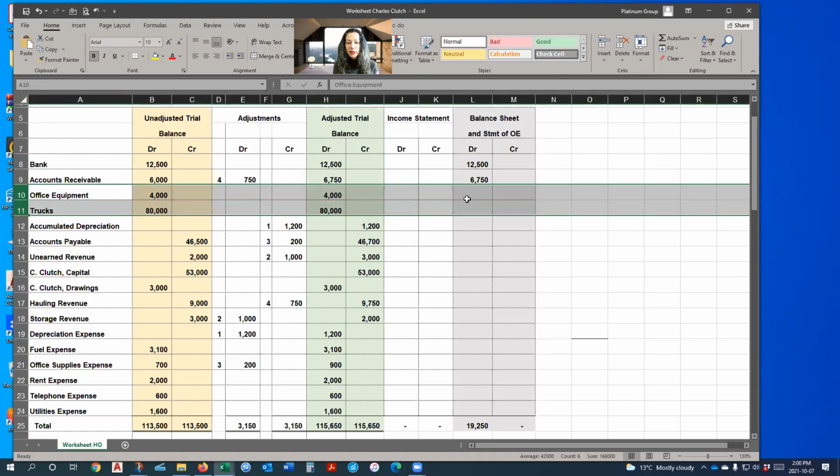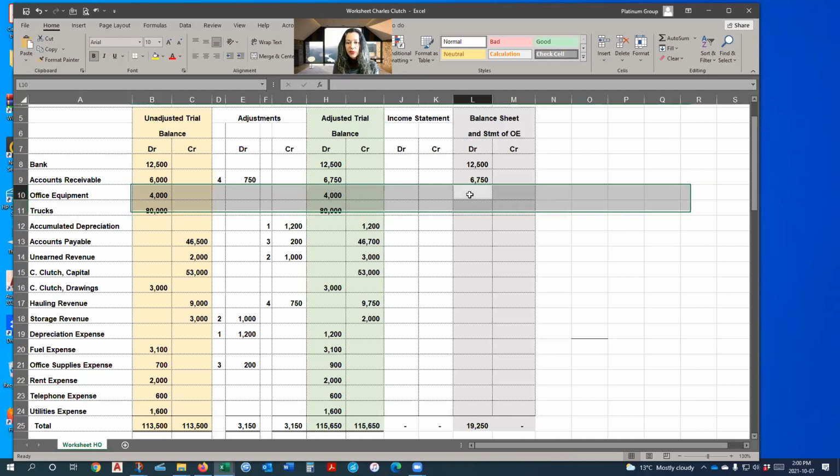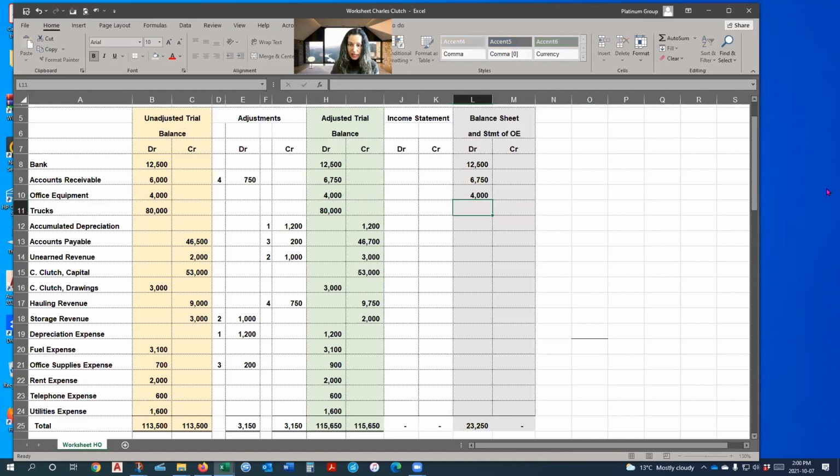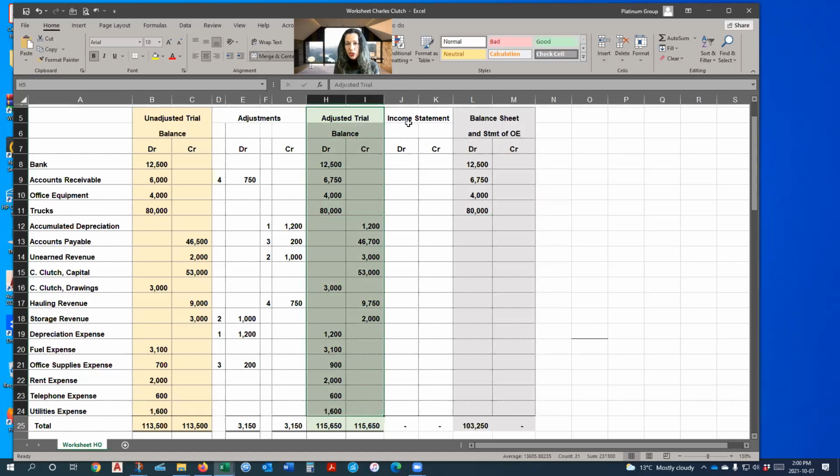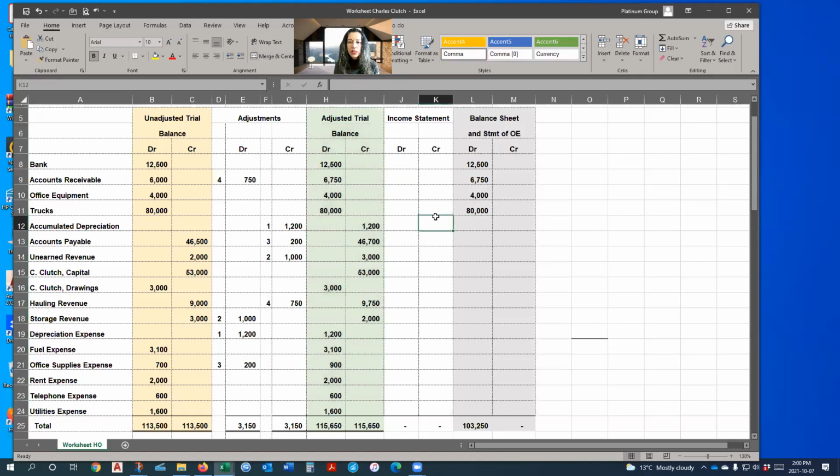Office equipment and trucks in our adjusted trial balance, $4,000 and $80,000. They are assets, and assets are located in the balance sheet. So please allocate these numbers from our adjusted trial balance column to our income statement and balance sheet columns.